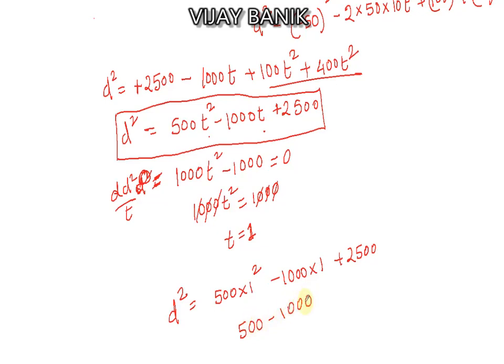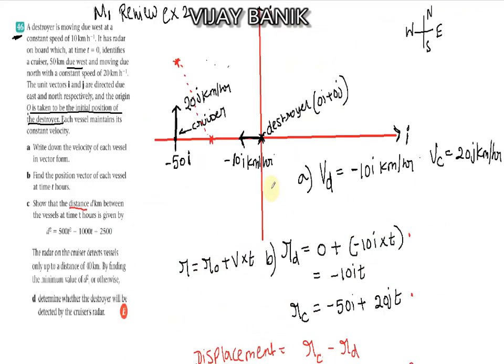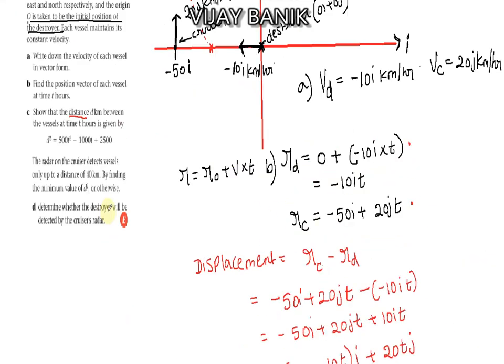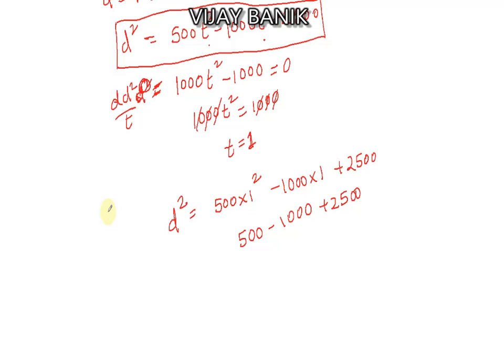It's given in kilometers. 500 minus 1000 plus 2500, I'm getting 2000 for d square.